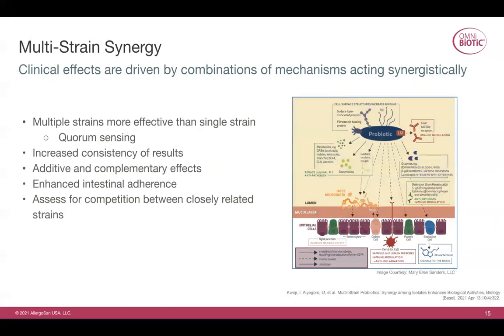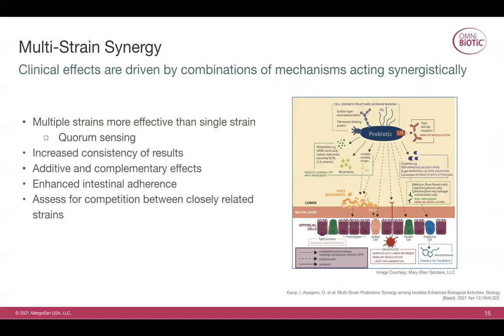Studies looking at single strain supplementation versus multi-strain supplementation have consistently shown greater benefit from a multi-strain formulation. It's hypothesized that this is because of quorum sensing, which is cell-to-cell communication. And these are based on the production, secretion, and detection of small signaling molecules.